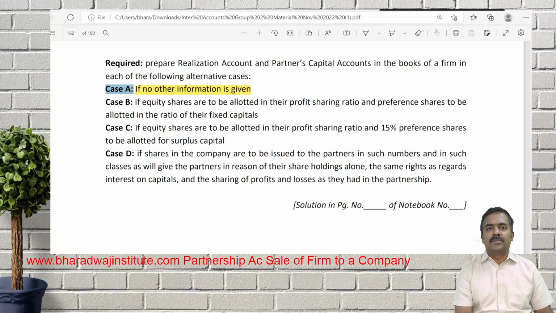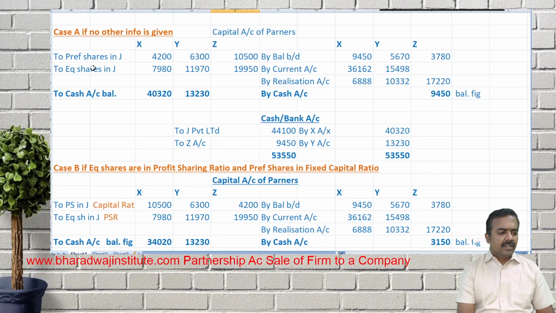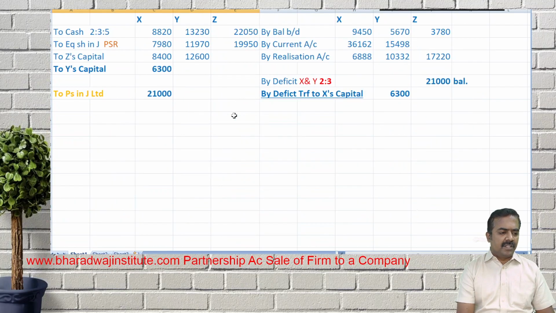In the earlier case, what did we do? When no information is given, what did we do? Preference shares were distributed in which ratio? Profit sharing ratio. Equity shares also distributed in which ratio? Profit sharing ratio. Right.